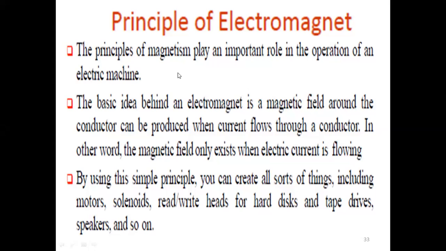The principle of electromagnetism plays an important role in the operation of the electric machine. Electric machine is not only a motor. Machine means it may be a motor, a generator, a solenoid, or a transformer also. It will come under electric machine only. We apply electromagnetic mechanism in motor, transformer and generator.